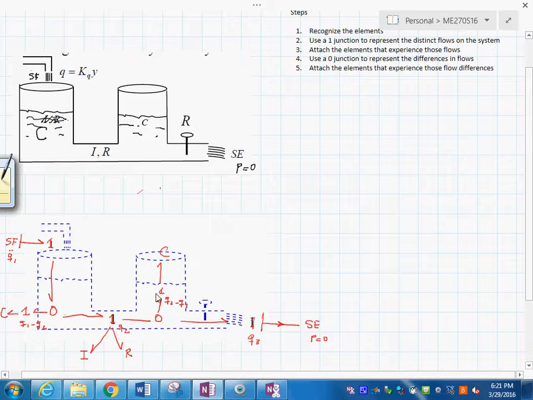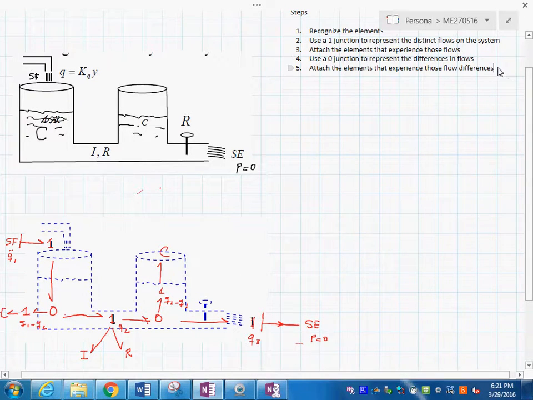Now you could enter this into the CAMG software, and at this point you could say, in parentheses, you can enter this model in CAMG.